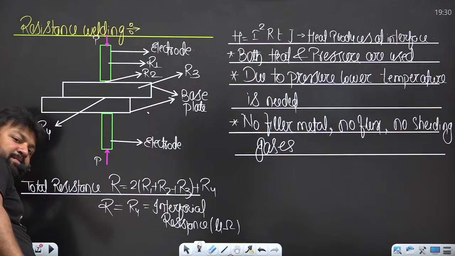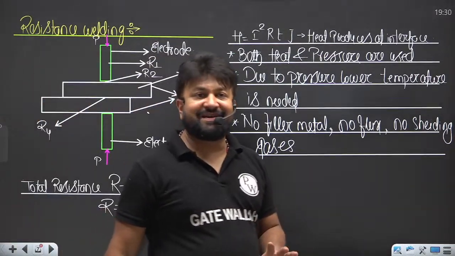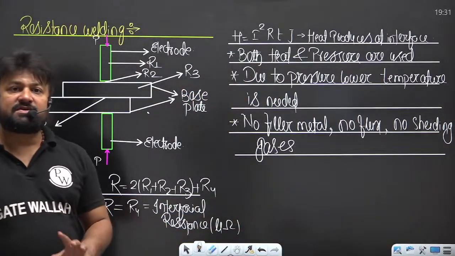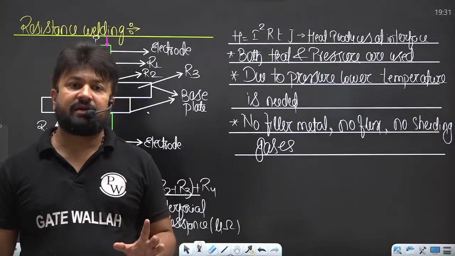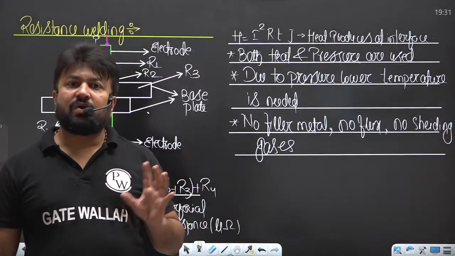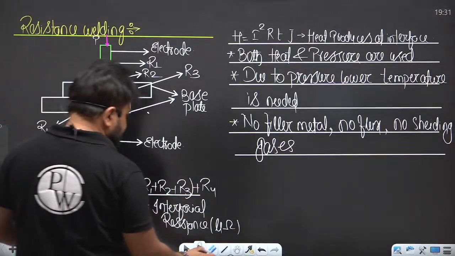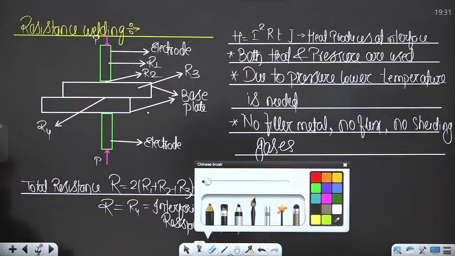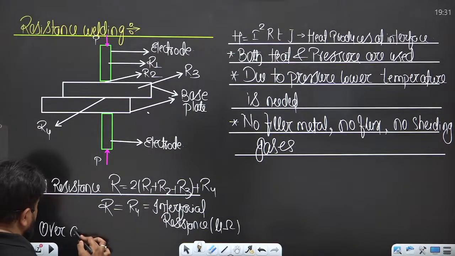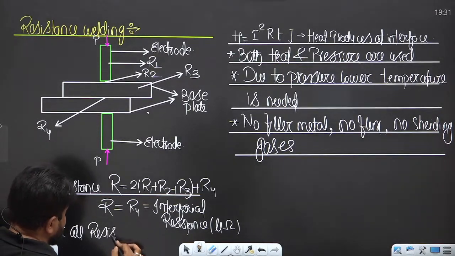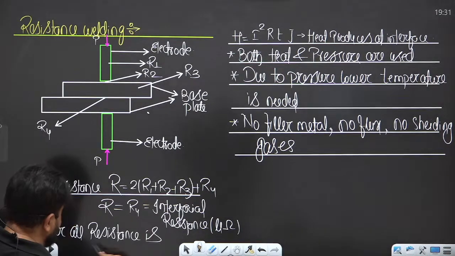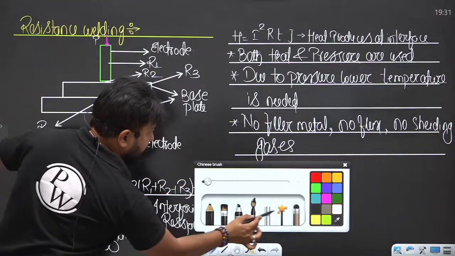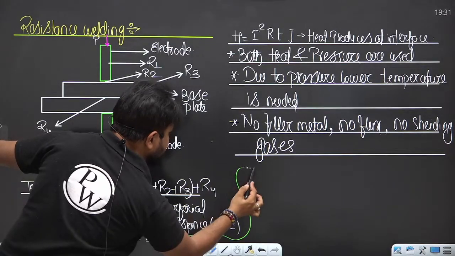This process, as I told you, is an automatic process. Here very high current and very low voltage are required. Basically the overall resistance is very low. Let me write it down: overall resistance is very low.